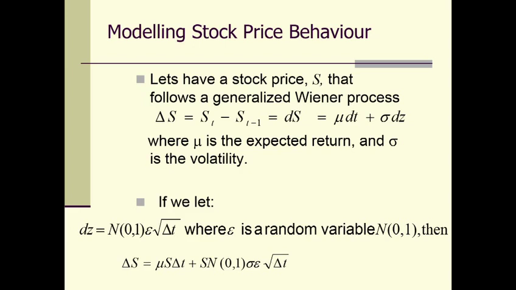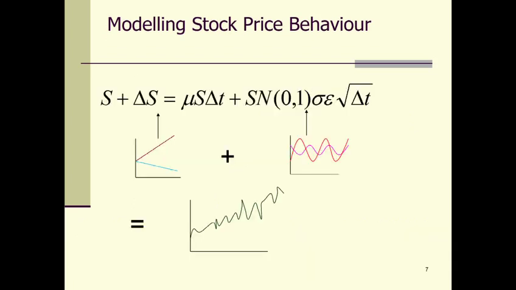Because stock price is not normal, right? It doesn't behave according to a normal distribution, unless it's very short term. So the change in the price of a stock is equal to mu dt plus sigma square root t, right? So this is the drift, and this is the volatility. Sigma is the volatility, mu is the drift.